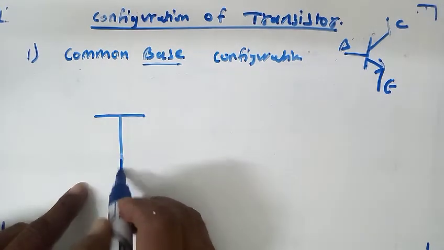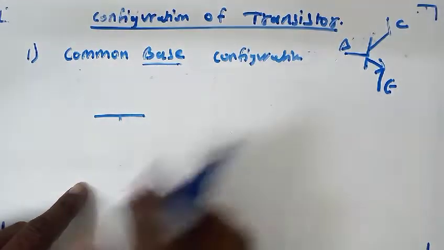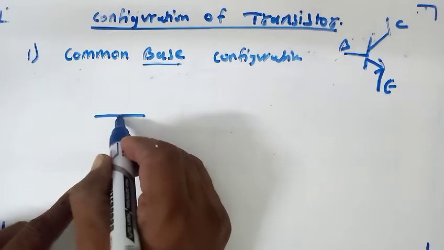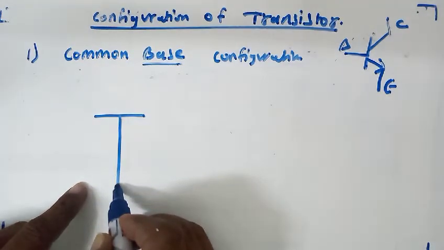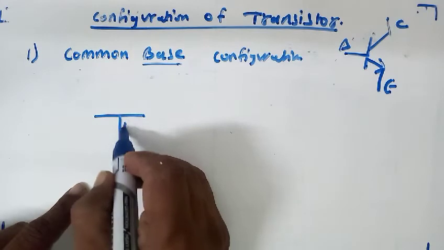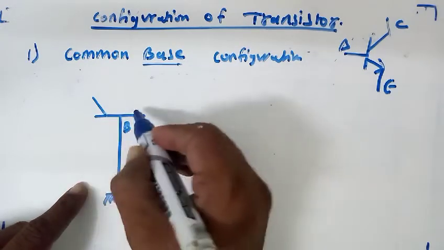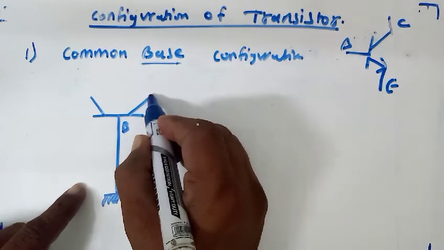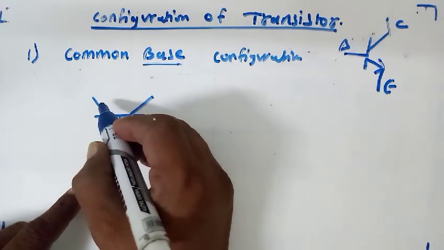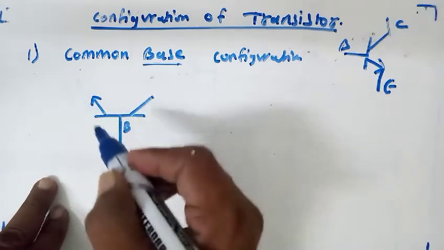Then we will give the signal to the emitter, and we produce the output at the collector. This terminal is grounded, and we mark it as the base. Suppose it is an NPN transistor, so we take the arrow like this.